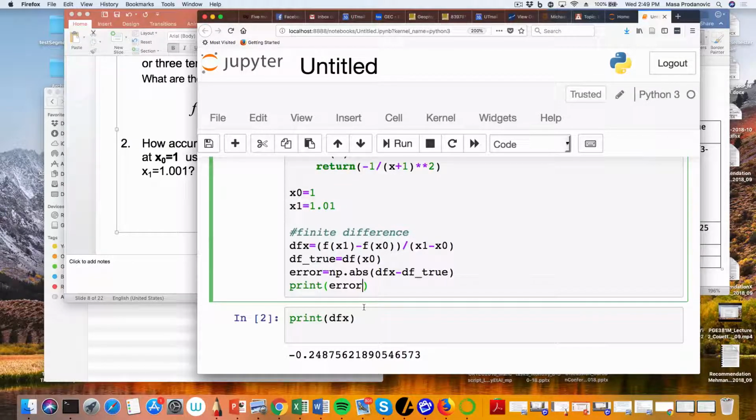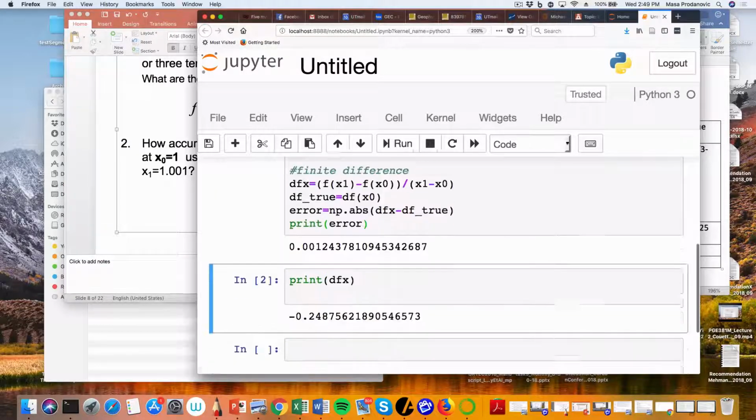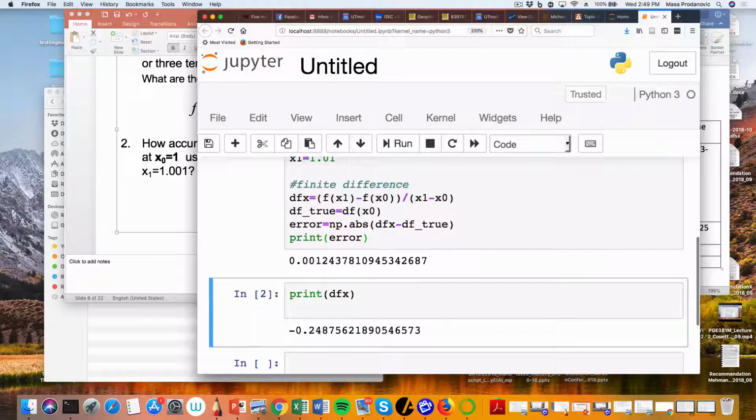So let's see what the error is. My error is pretty good, right? So if I multiply that by 100, it's 0.12%. How does it change if I do 1.001?